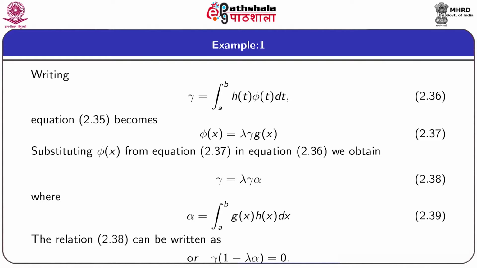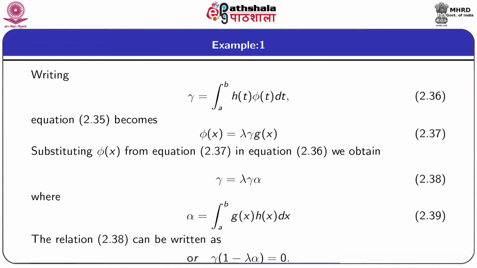gamma equal to lambda gamma into alpha, where alpha is a constant given by equation 2.39. The relation 2.38 can be written in the form as given in this equation.